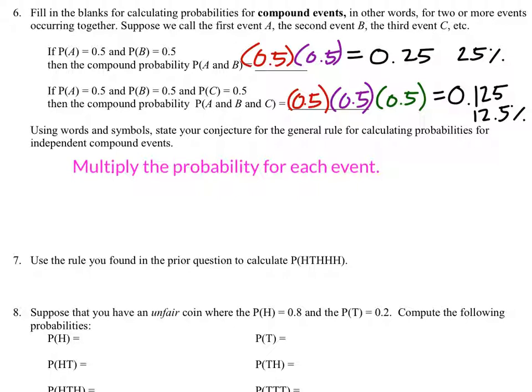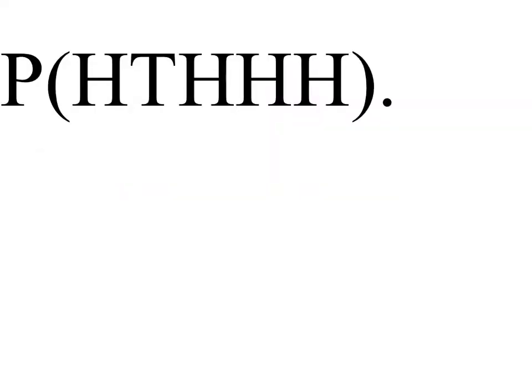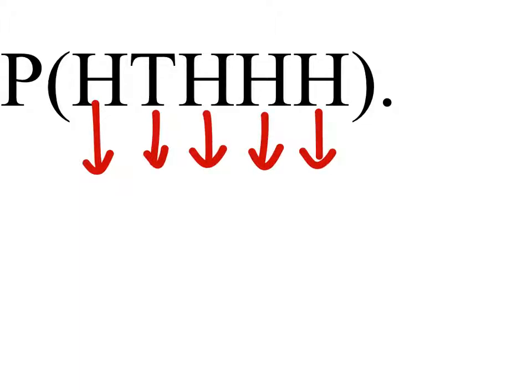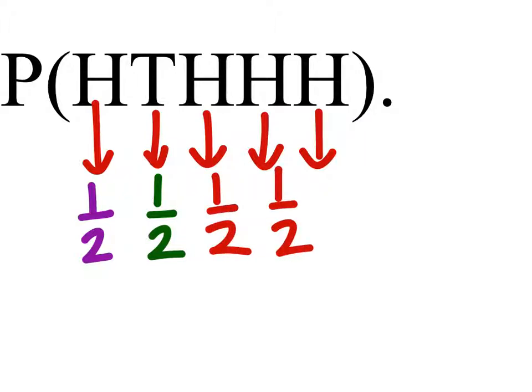We'll use the rule we found for prior questions to calculate heads, tails, heads, heads, heads. Okay. So let's start this off. We just need to figure out the probabilities of each of these, and then we'll just multiply them. The probability of heads is 1/2. The probability of tails is 1/2. The probability of the other heads is 1/2, 1/2, and still 1/2. To figure out this probability, we're just going to multiply these.